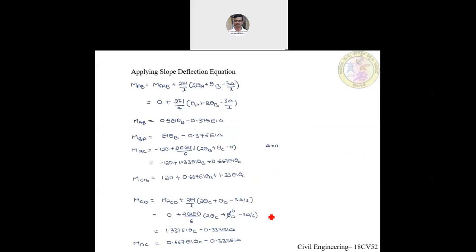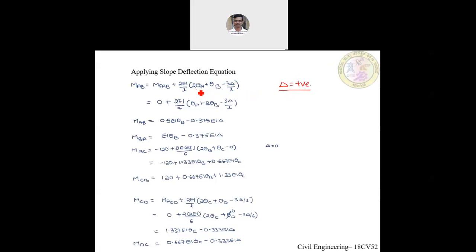Now, by applying the slope deflection equation, we can say that MAB is equal to MFAB plus 2EI by L into 2 theta A plus theta B minus 3 delta by L, and we will be taking delta as a positive value, and delta is an unknown value which needs to be calculated.